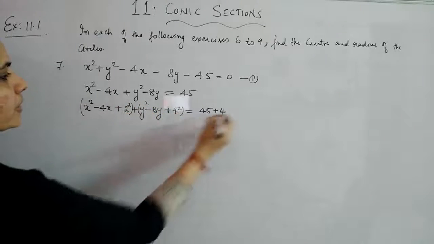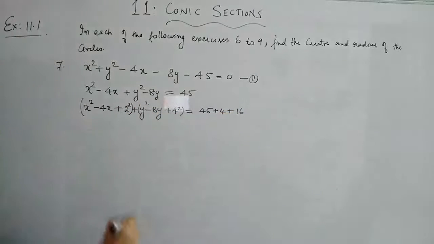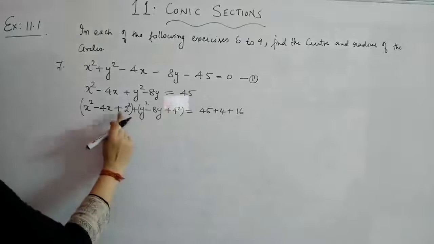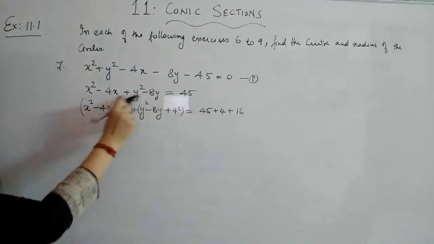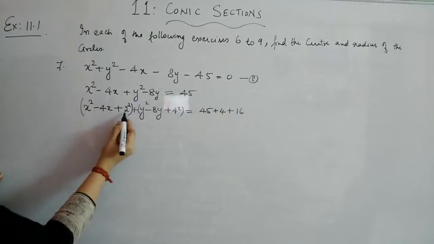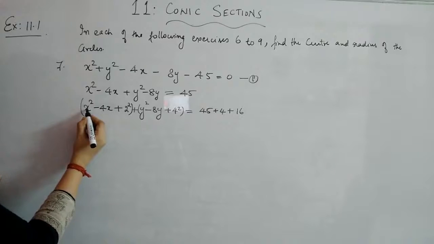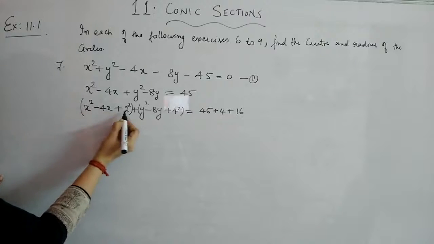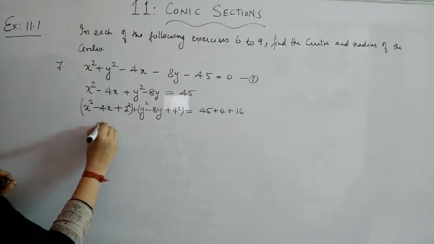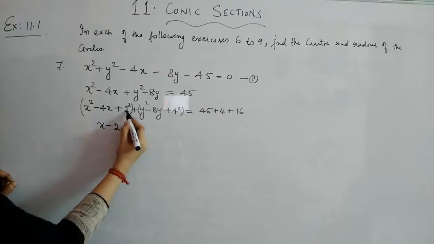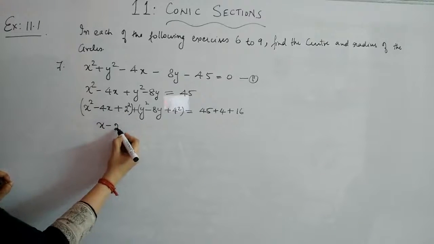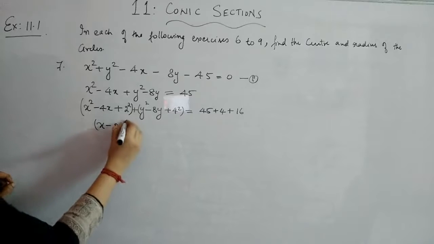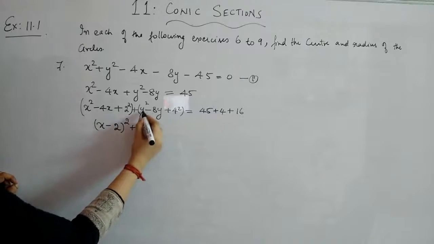Why, I'll tell you. Here what I have added, 16, right? Here 16, here 16, here 4, 4. So no change in this equation. Now I can write this as, this is actually what, a square minus 2ab plus b square form. So I can write it as a minus b. For the ease of writing this 2, I have written this as 2 square. Okay, here you will have y.